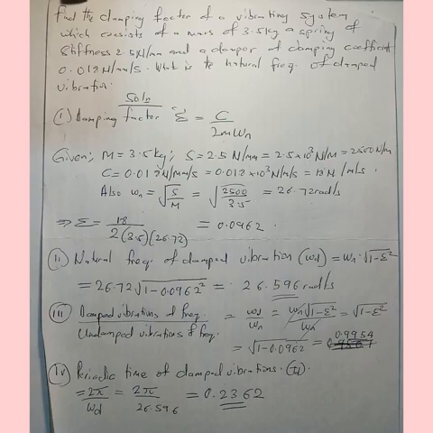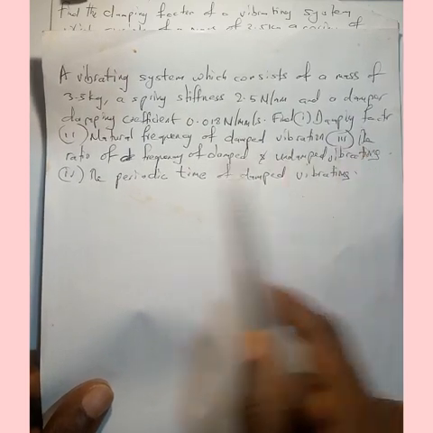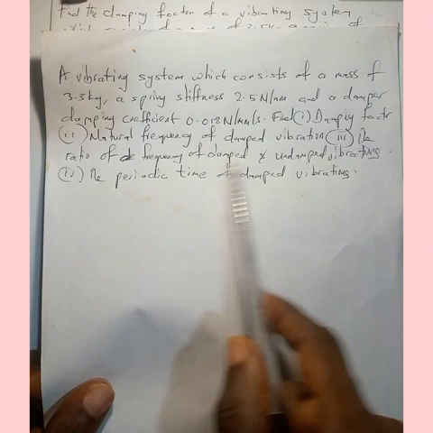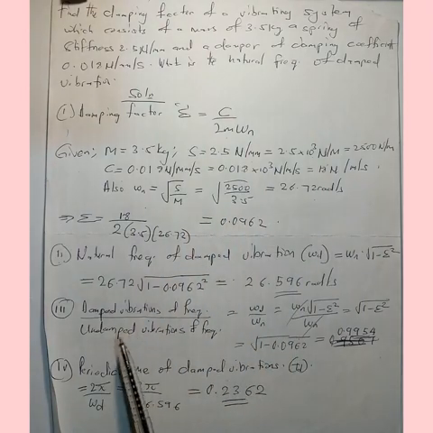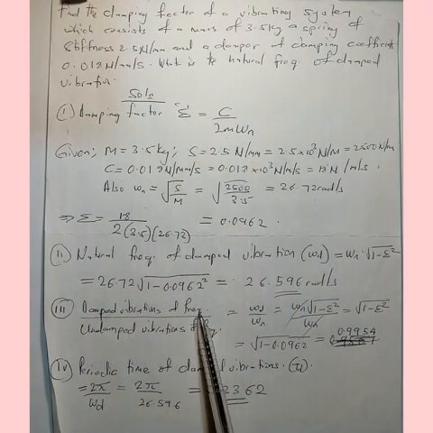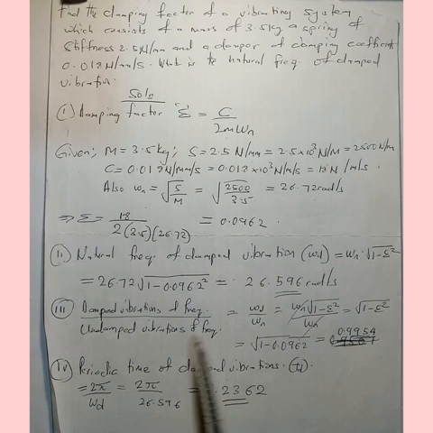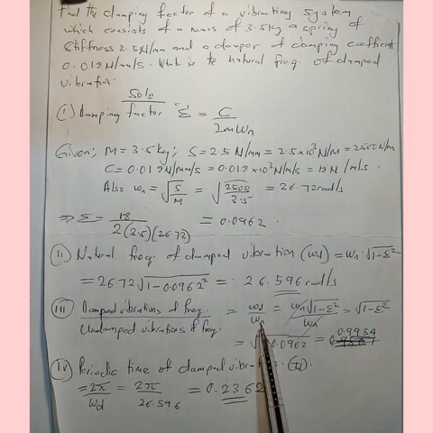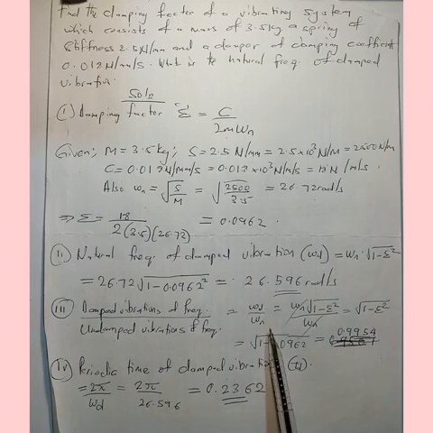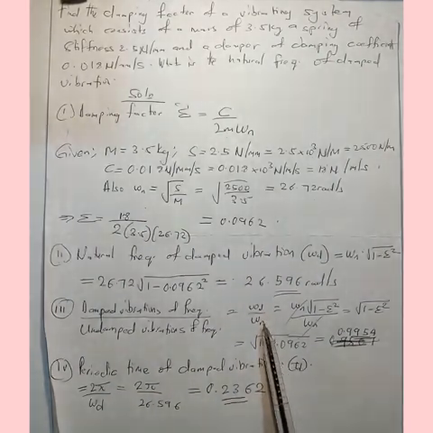Okay, so now the third question, actually this is a complete question. The third question says we are expected to find the ratio of frequency of damped and undamped vibration. So now, the damped vibration over undamped vibration. Damped vibration is given by omega d, undamped vibration is given by omega n.